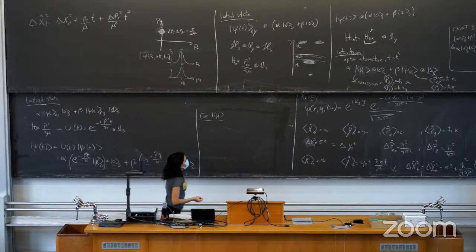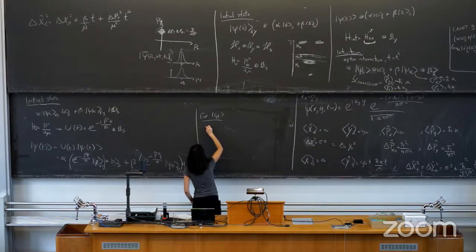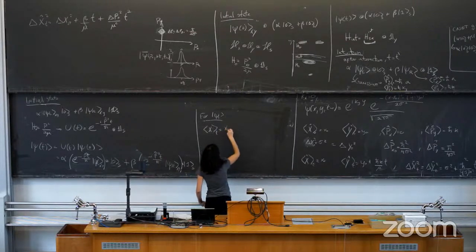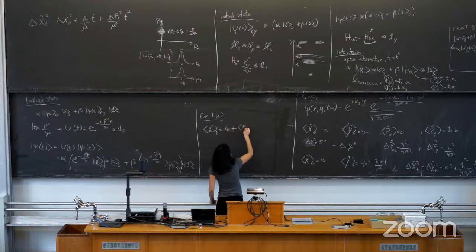what happens is the x at the position t is going to be the initial x. This was some x0, like we had before, plus the momentum in x initial times t over mu, but this now is something.